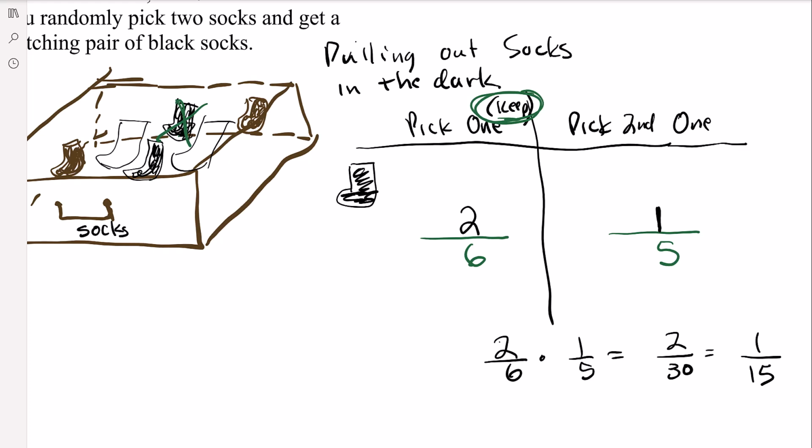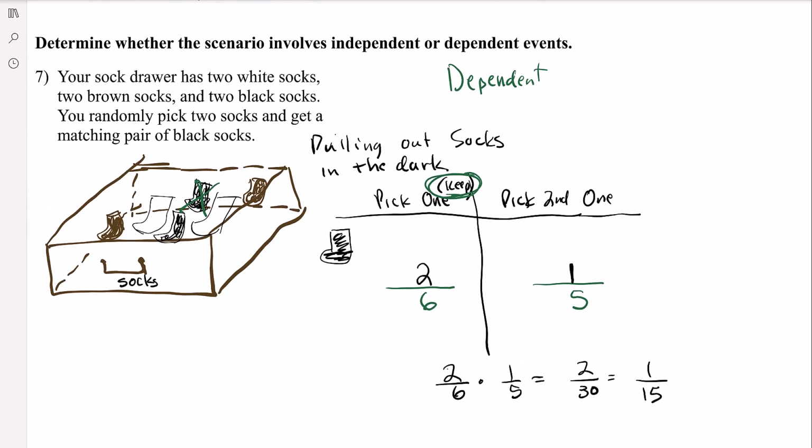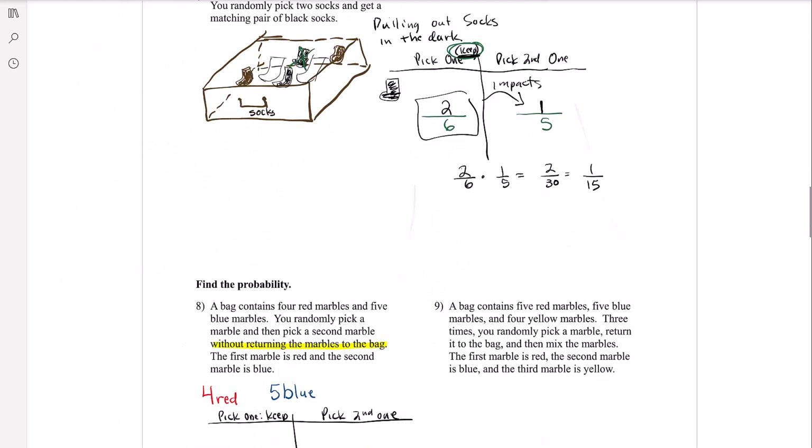All the socks are the same size, the same texture, probably the same brand. So you can't tell the black from the white from the brown. All right, but this is an example of dependent because you kept it out, and now this probability impacts your options on the second event.